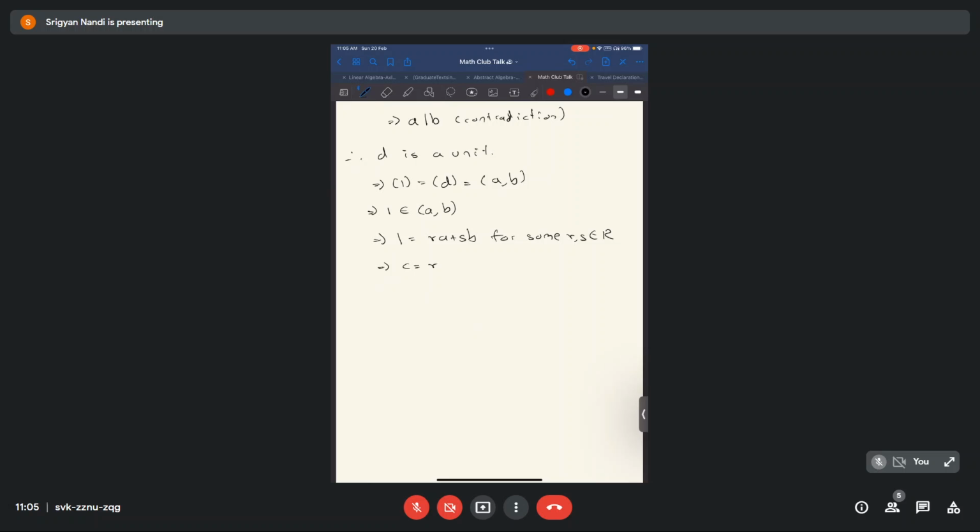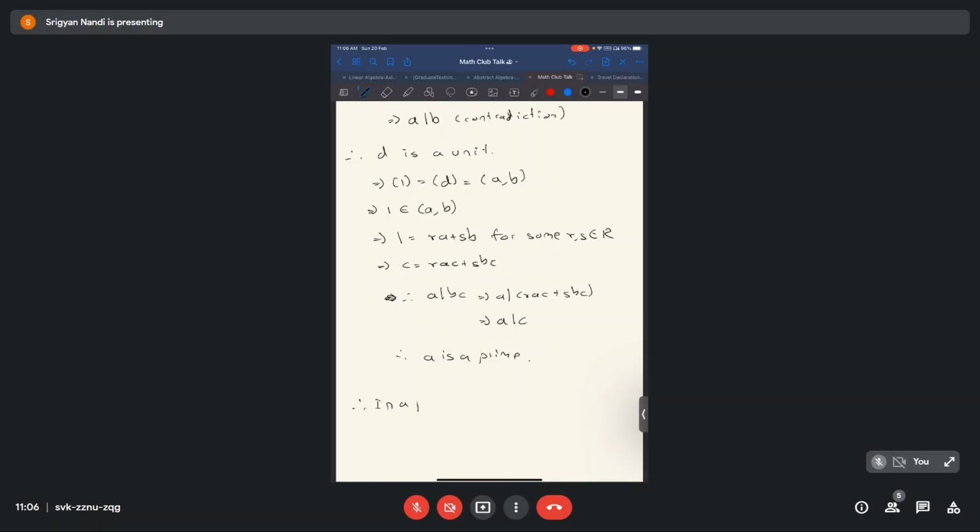That implies c equal to rac plus sbc, and therefore a dividing bc implies that a divides rac plus sbc, which implies a divides c. Therefore, a is prime. So in a PID, all irreducibles are also primes.